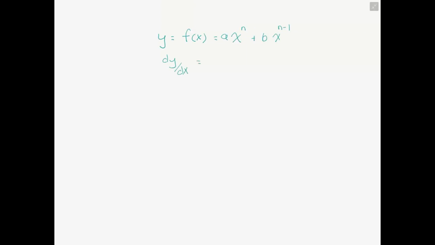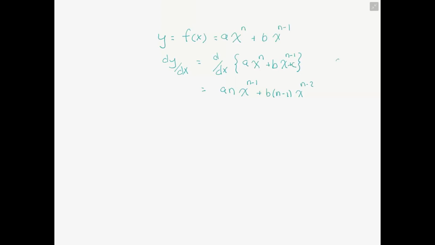So we go dy dx, which is equal to d dx of the polynomial, and we end up using the power rule, a n x to the n minus 1 plus b times n minus 1 times x to the n minus 2.